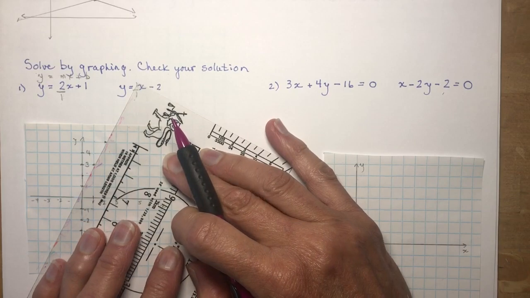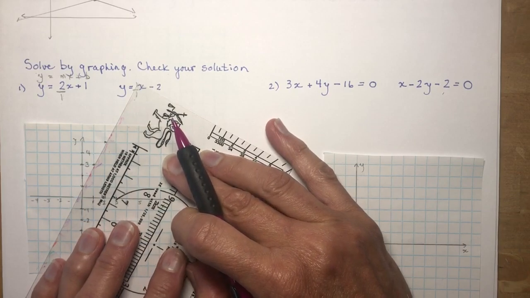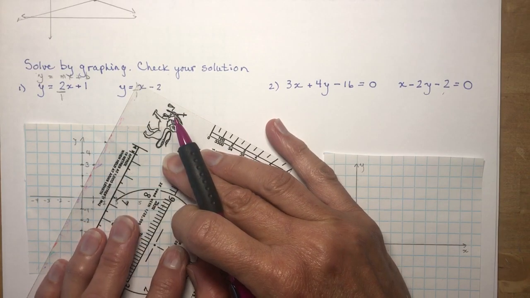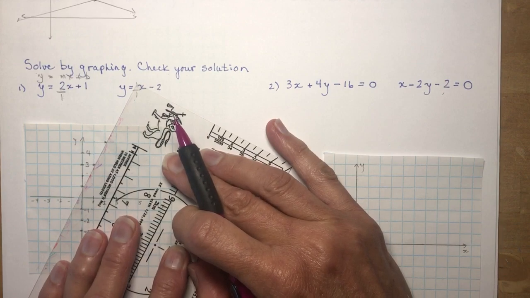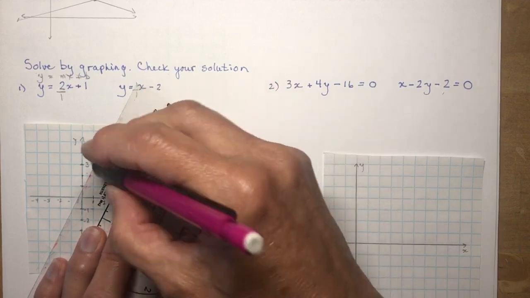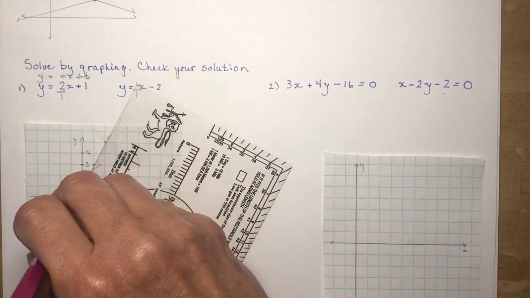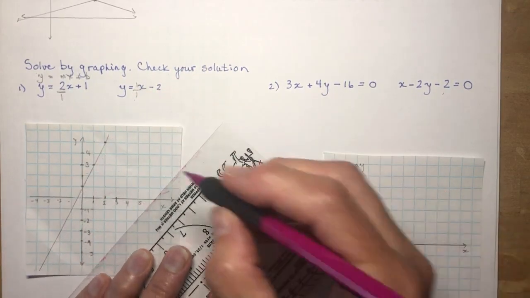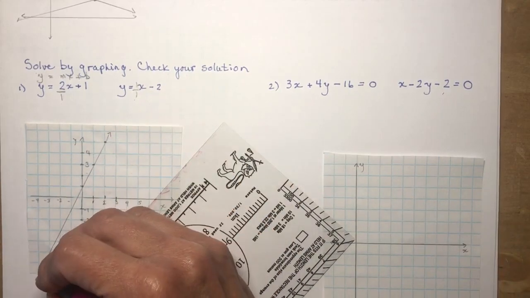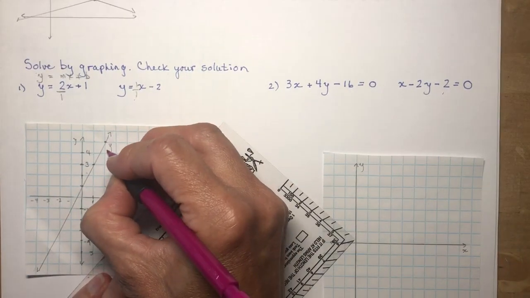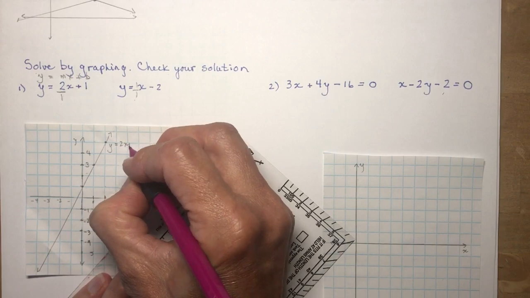Let's get this right on, because if you don't get it right on, you're going to be a little lost at the end here. Okay, so that's pretty good for my pencil. I have to adjust for a little bit of width for my pencil here, and there we go.